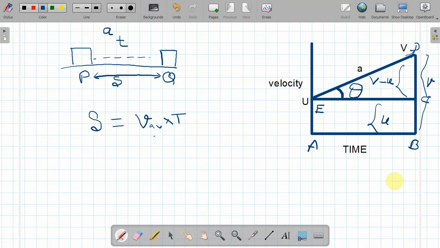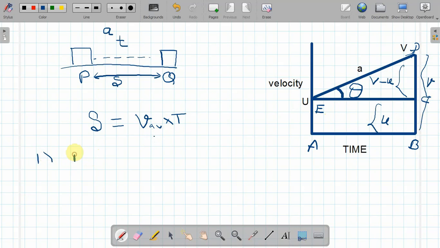So in this velocity time graph, if we know the area, which is just like length into width, then we can calculate the displacement of any particle. If the area of this and the area of this is calculated, then we can calculate the displacement. Now let us see the area of the triangle first.